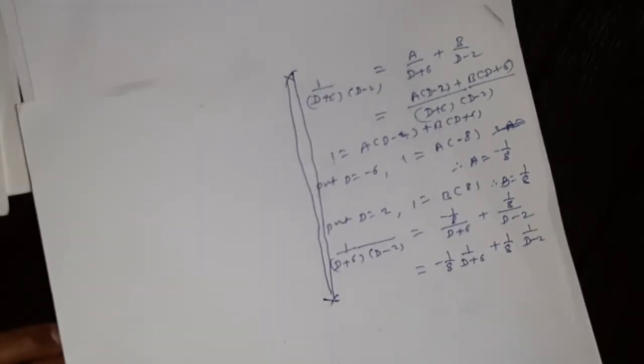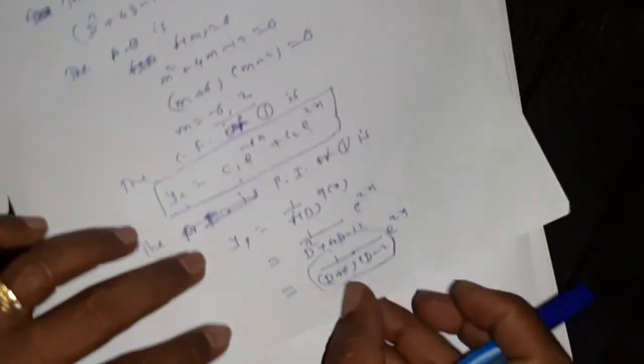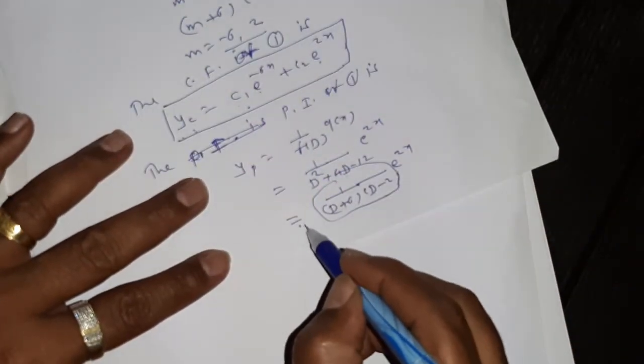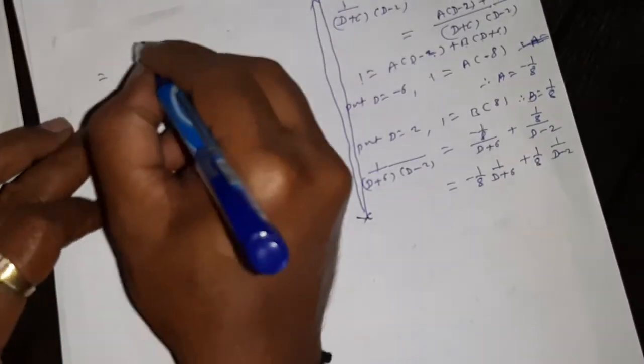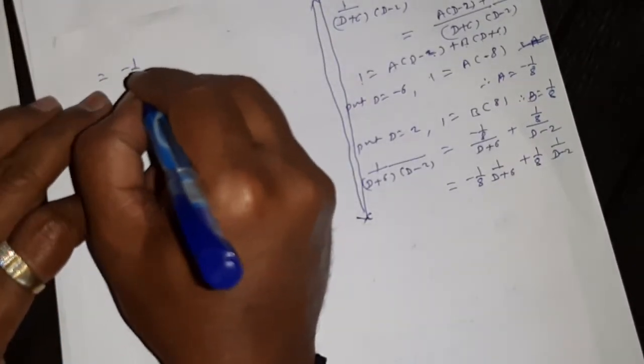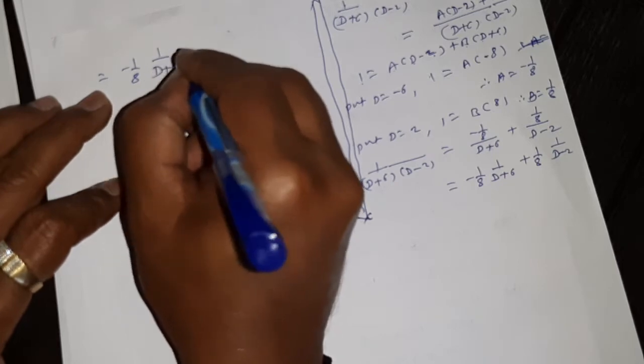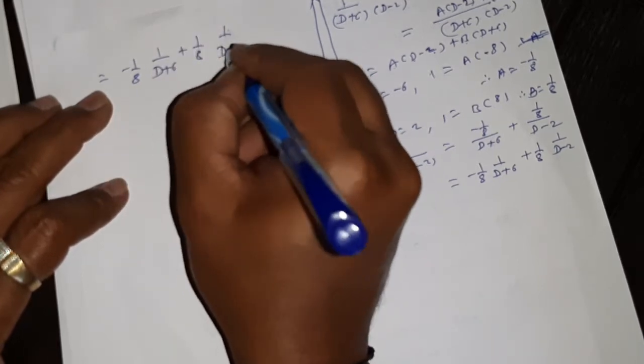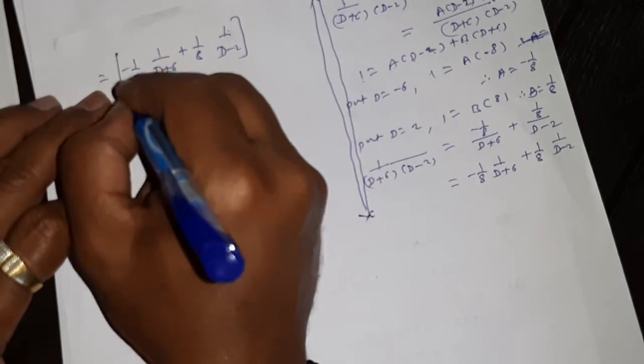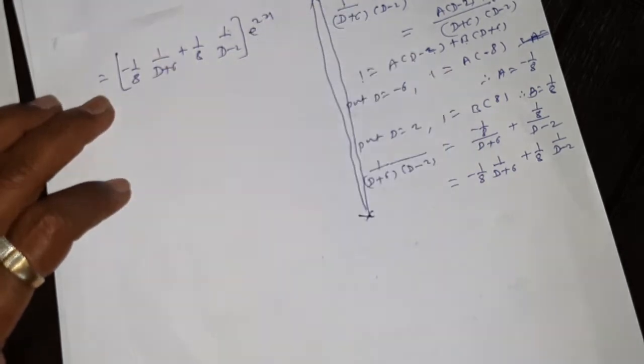So the next step; this is the rough part. Either write it in the solution of the example or don't write this part. Then the next step is equal to minus 1 by 8 times 1 divided by D plus 6 plus 1 by 8 times 1 divided by D minus 2, acting on e raised to 2x.